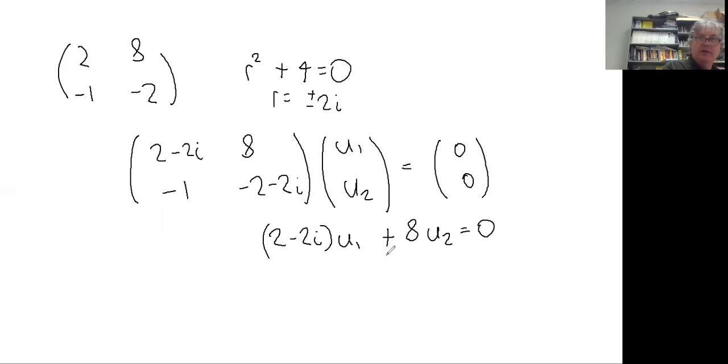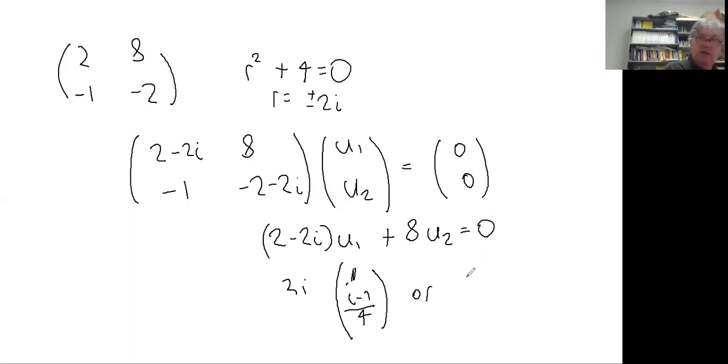The other one is a multiple of this, so examples could be, for the 2i, you could have u1 being 1, and then u2 is 2i minus 2 divided by 8, which is i minus 1 divided by 4.